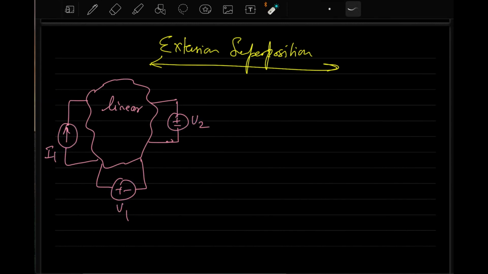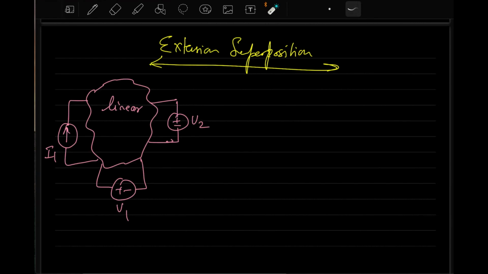So by adding the responses, we can find out the total response for a particular current flowing in the resistor, or depending upon what electrical quantity you want to measure, you can do it in a similar way. Maybe it's a nodal voltage also. If I want to calculate V1 at some node, you can do that also using the superposition theorem. So it's not only restricted to calculating the current in the resistor, it can be anything.